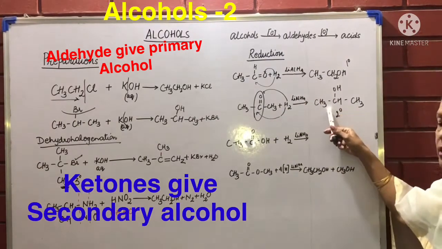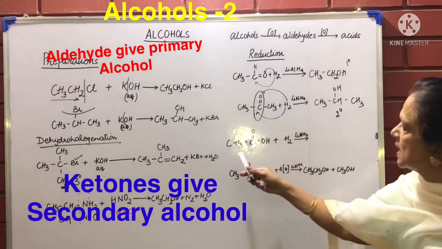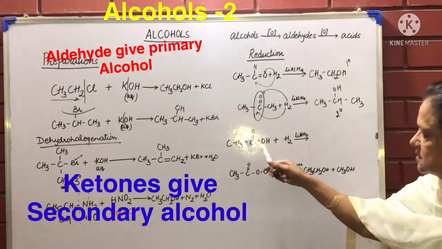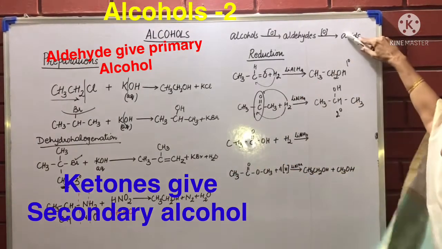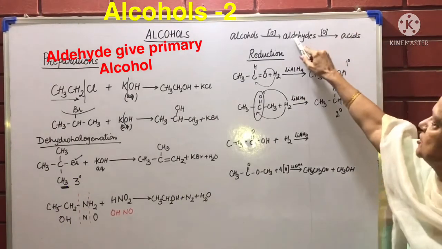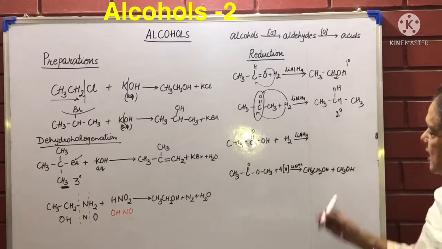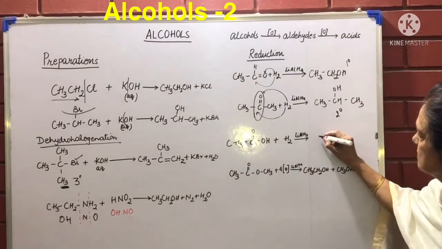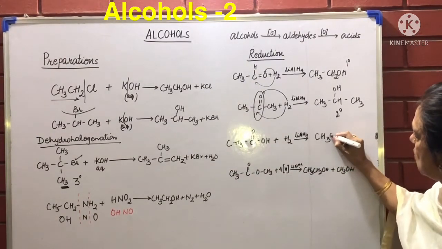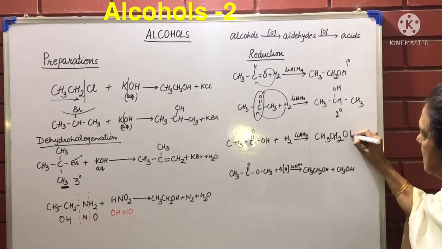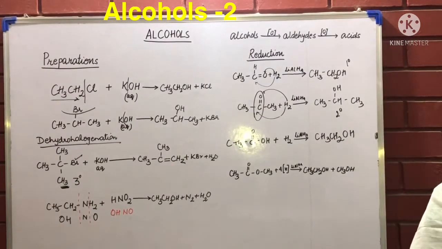Ketones on reduction give you secondary alcohol. If I am looking at an acid, it contains 2 carbon atoms, I am here at an acid. Acid will change into an aldehyde, aldehyde into an alcohol. So directly also I can write down there are 2 carbon atoms here. So I will say an alcohol containing 2 carbon atoms is formed.